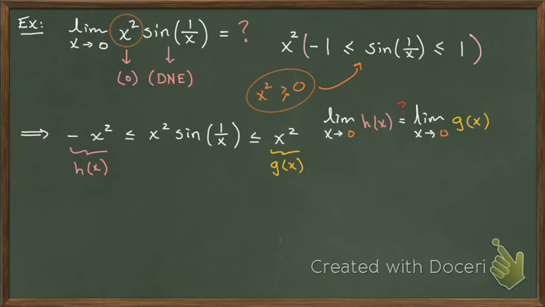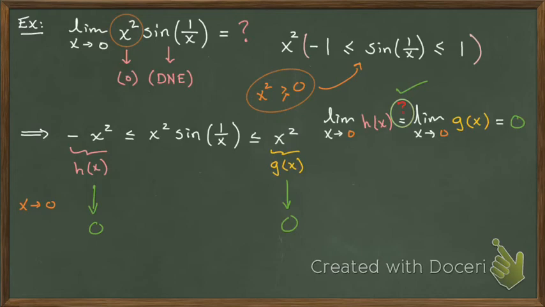Minus x squared, as x approaches 0, also goes to 0, right? And that's, of course, because x is approaching 0. Same thing with g. X squared, the positive version, is approaching 0 as x approaches 0. Easy enough. From the squeeze theorem, then, I should be able to say that the inside also goes to 0. So I've shown that those two limits, h and g, minus x squared and x squared, as x approaches 0, are indeed both approaching the same value.